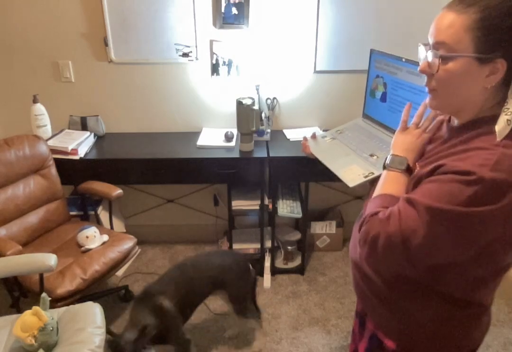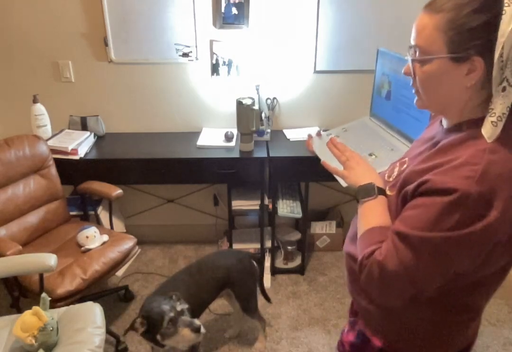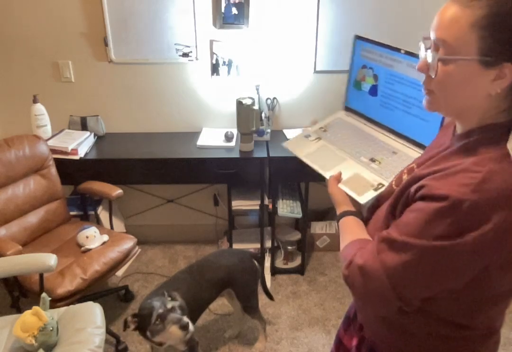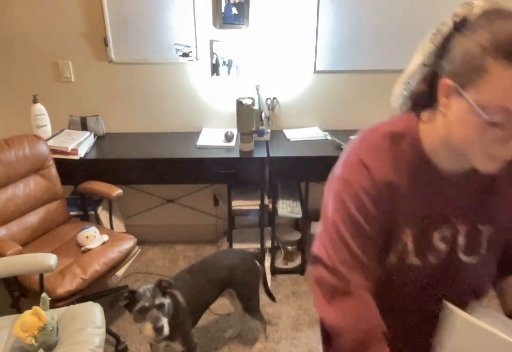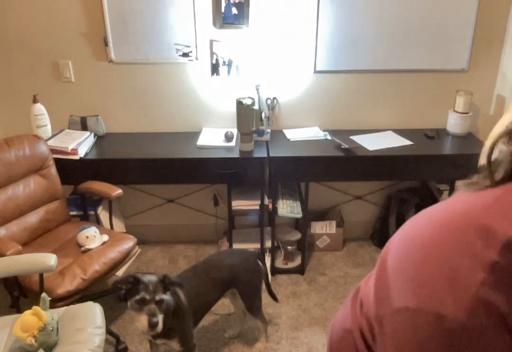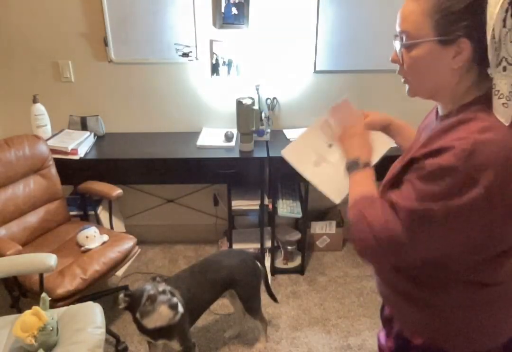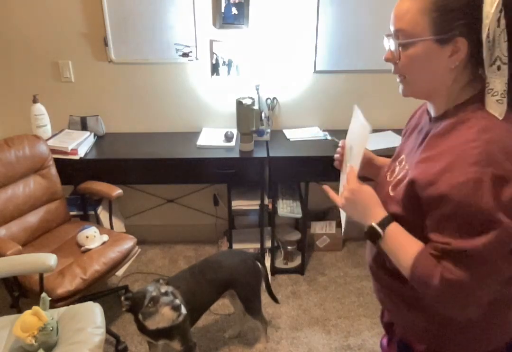Does anyone have any questions? Alrighty, what we're going to do now is I'm going to pass out this form. You're going to work in your groups of 3. This is a blank document.